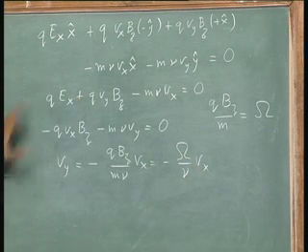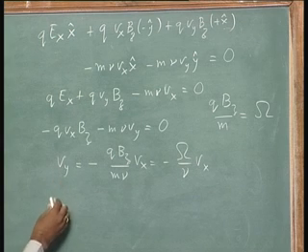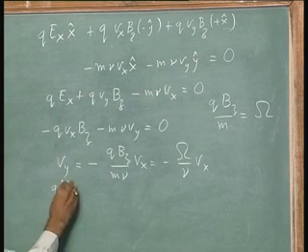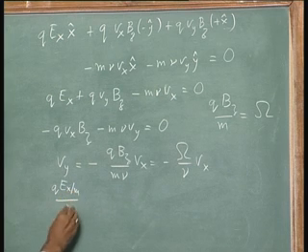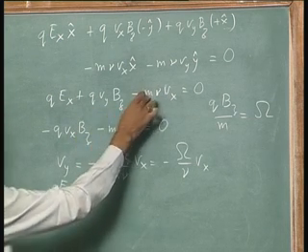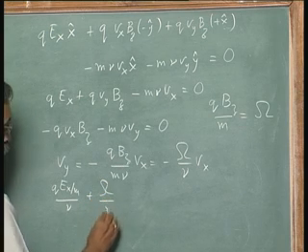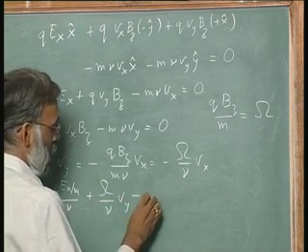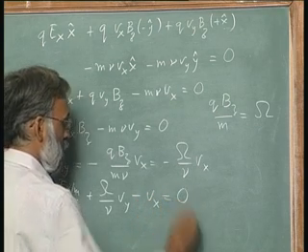Similarly, I can take this equation, and what do I get? I will divide through by m nu: QEx over m divided by nu plus QB over m, so omega over nu Vy minus Vx is equal to 0.